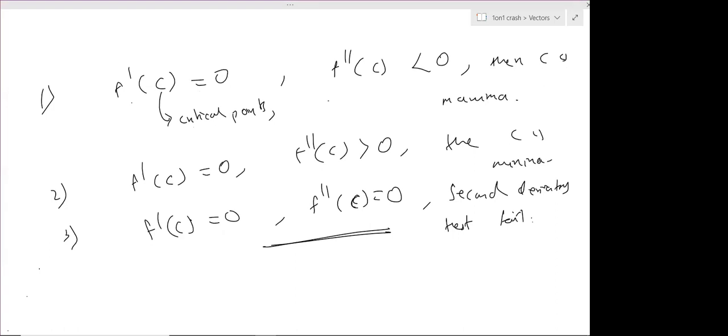Yes, you can say this is a point of inflection, but not necessarily. Whenever this happens, please use the first derivative test. But in most of your syllabus, that is a point of inflection. All right.